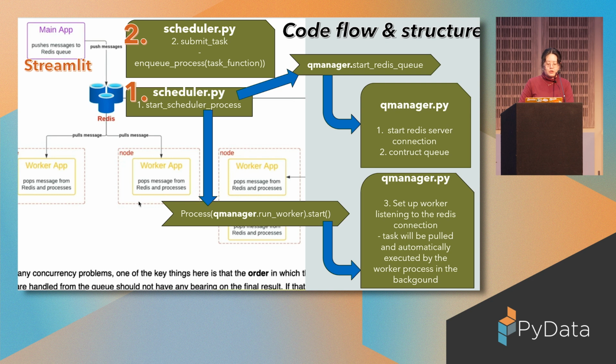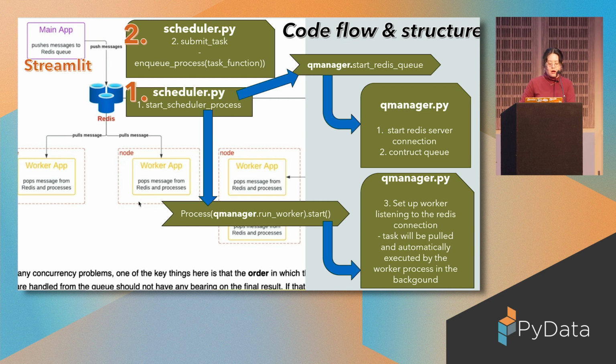In our code organization, firstly, we have a module called scheduler. Firstly, we have a function called start scheduler process. What this function does is it starts the Redis server, and then it constructs a queue connecting to the Redis server.